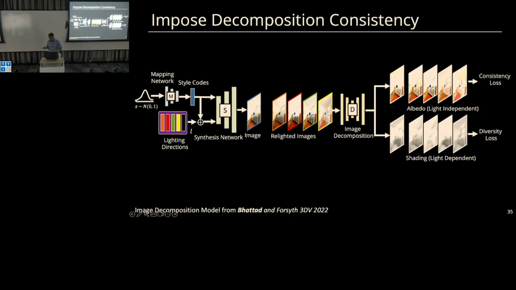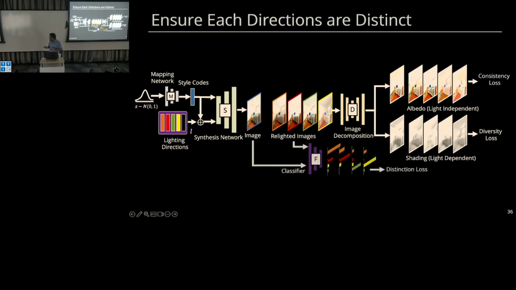We do a small trick other than these two losses: we also train a simple classifier that takes a pair of images, the original image and the relit image. The classifier's job is to predict which latent direction, or which lighting direction, was applied by a randomly initialized vector. From the same style code, we simply add a 512 dimension vector which produces an image.